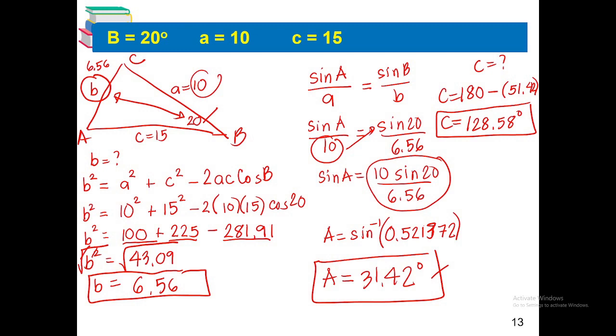Again, sine law first. If sine law doesn't work, then go to cosine law. Is that clear?